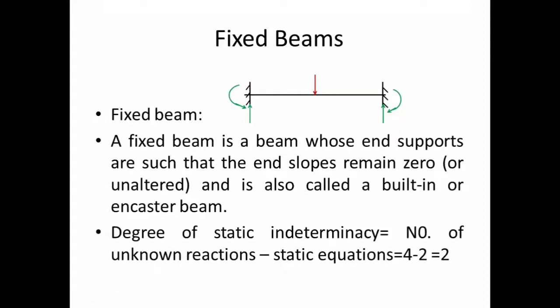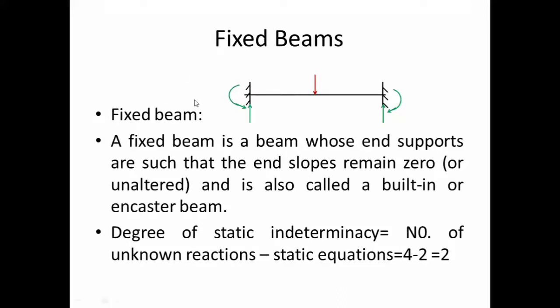So for this particular single span fixed beam, the degree of static indeterminacy is 2. How? Number of unknown reactions. How many unknown reactions? There are 4. This is one reaction. This is the second, the moment. Same two values on the other fixed end. We are not going to consider horizontal reaction because the beam is axially rigid.